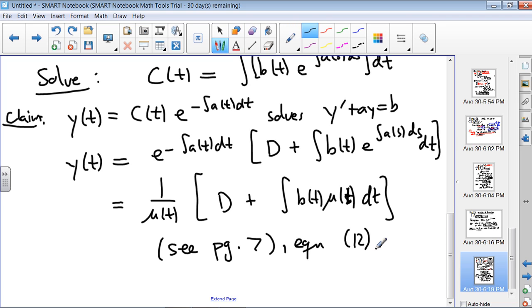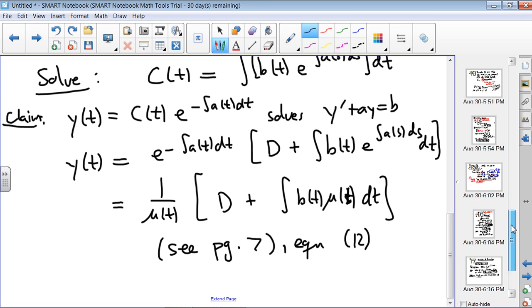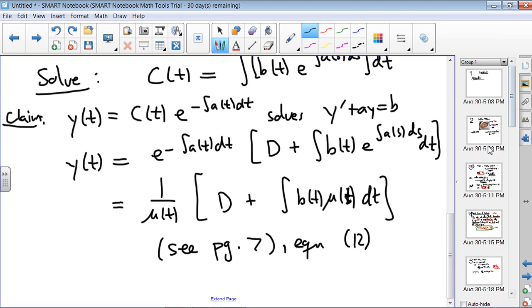Your homework is going to be more of solving these problems using these integrating factors. And it's also going to include a few of these sort of theoretical problems. We didn't come back to our coffee problem, so we didn't come back to solving this equation, and that's because it's part of your homework.